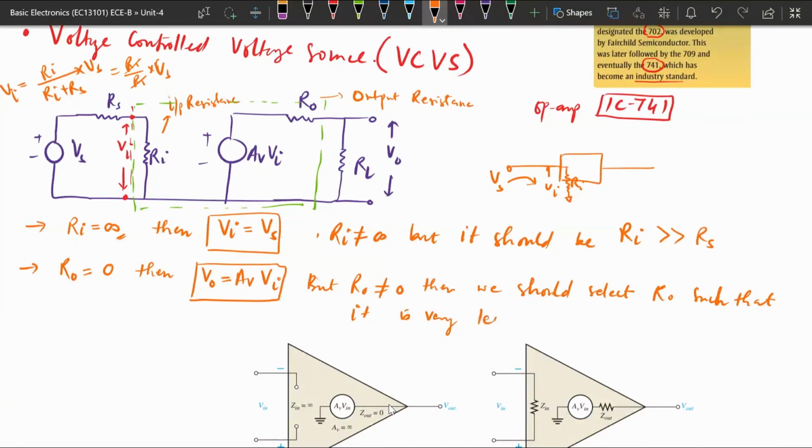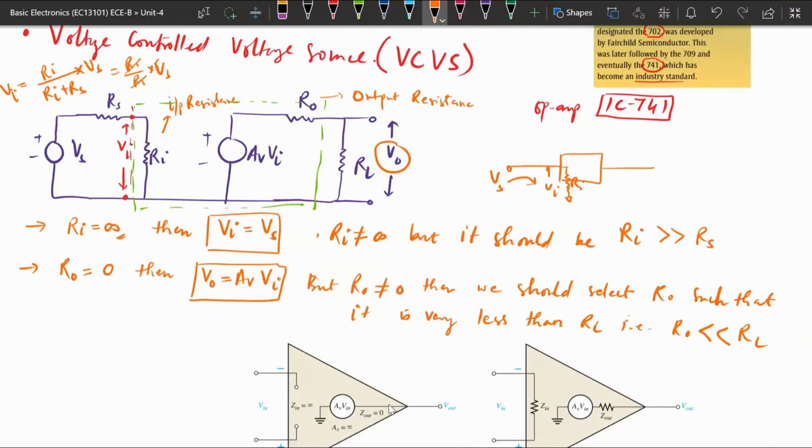We can represent it as: R output should be very less than the load resistance. If this is the condition, then the output voltage will be equivalent to AV into VI. So the output voltage will be equal to AV into VI only when R0 is very less than RL.